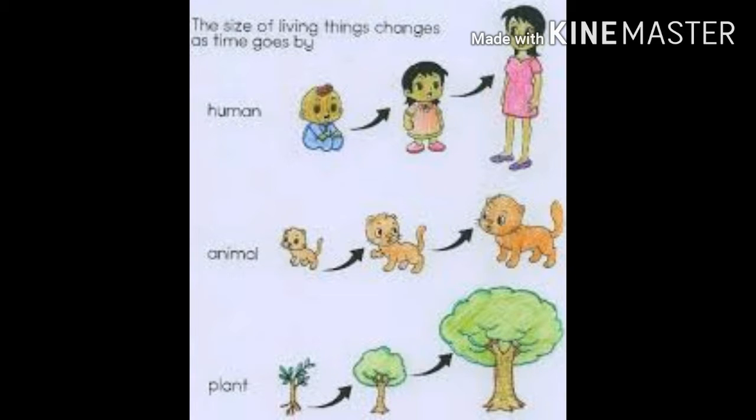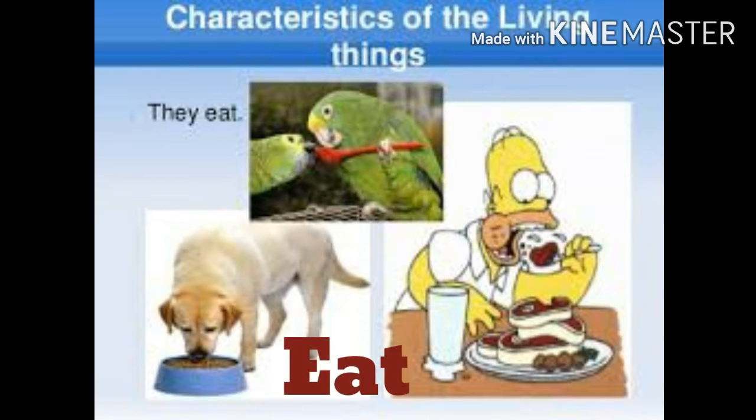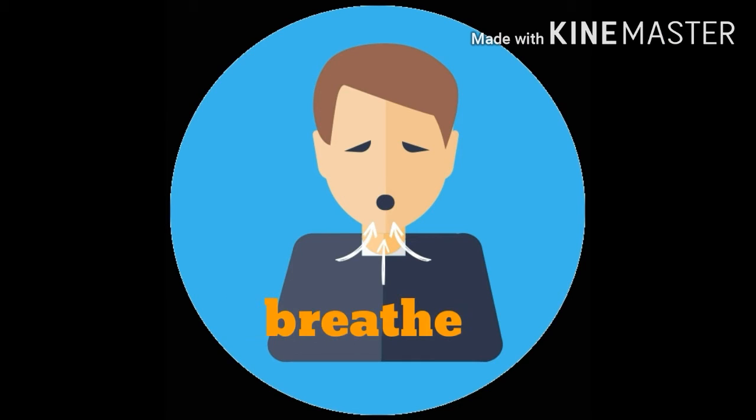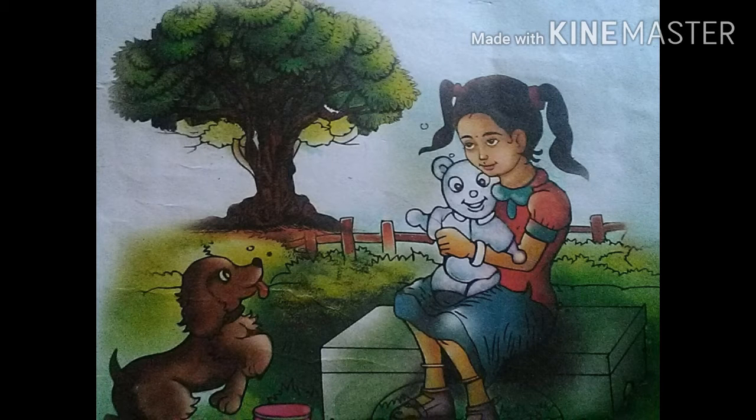So, children, did you notice the growth of the plant? That means all living thing can grow, they can eat, they can move, and they can breathe and reproduce. That's about living thing, children.